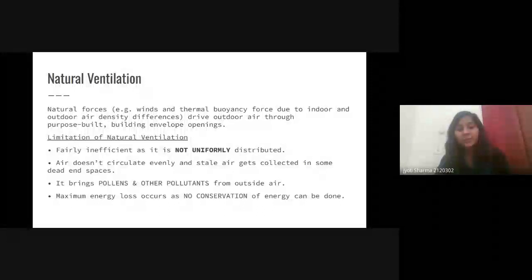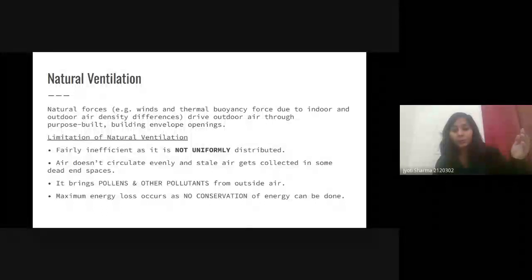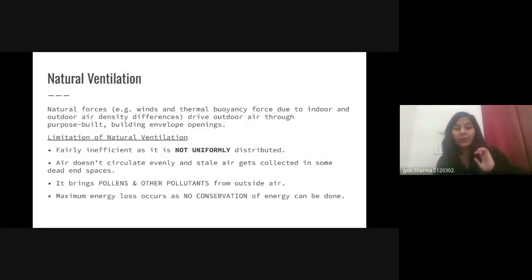Air doesn't circulate evenly, and stale air gets collected in some dead-end spaces, as we already talked about. It brings pollen and other pollutants from the outside air, because natural forces allow the pollutant in or out. So we can say that it will bring every different compound from the outside area to the inner area.